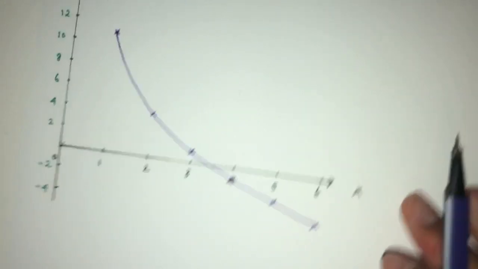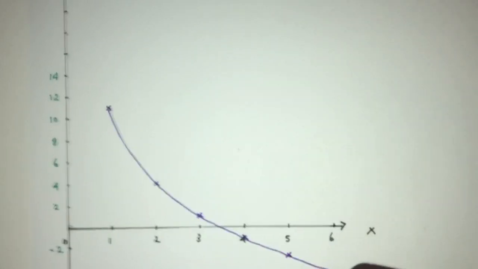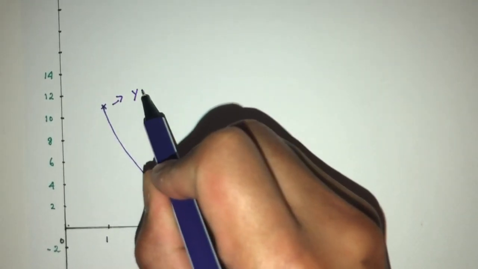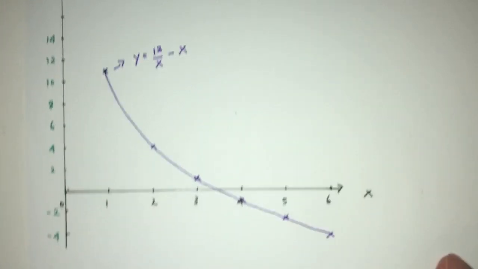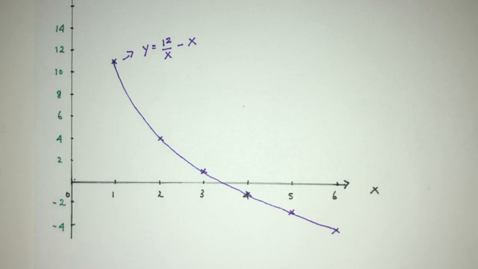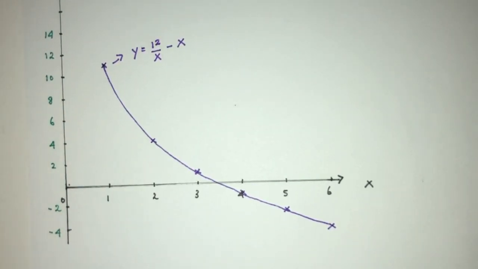That will be my graph according to the points given to me. I will label this as y equals 12 over x minus x. That will be my question, part 1. The reason I did this is because you can see the whole graph on the video. That's the main reason.